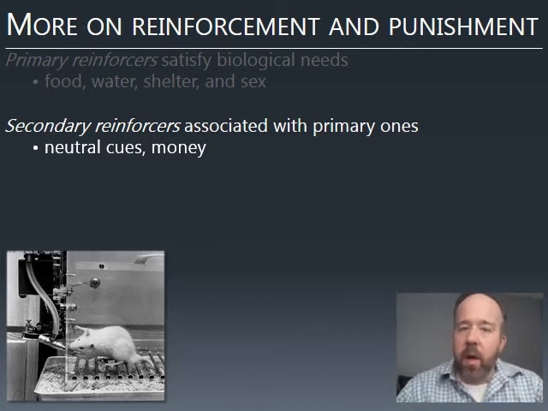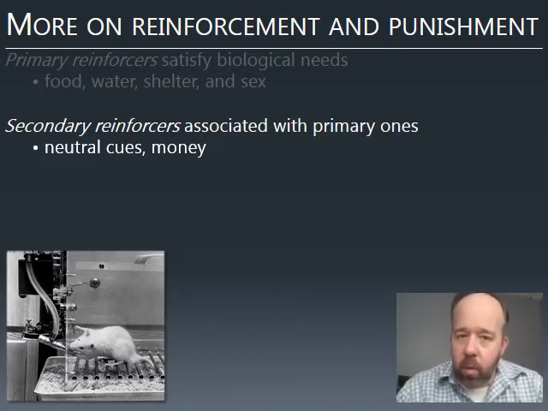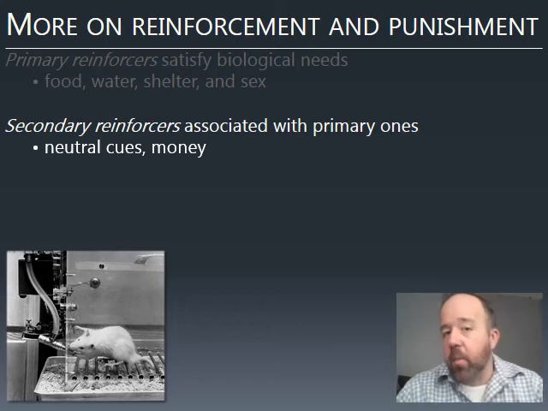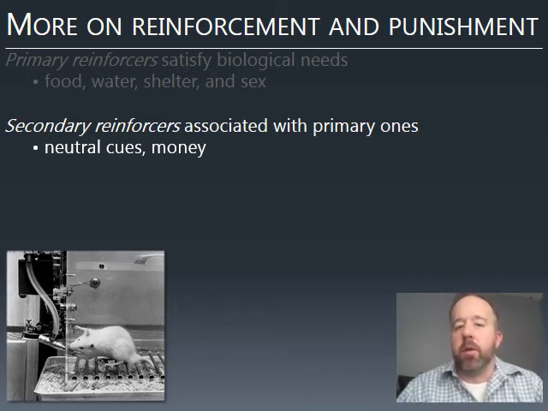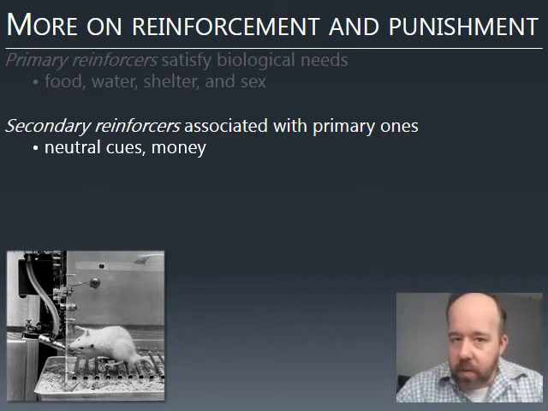But the thing is that the bell became associated with the food, and things that become associated with food or for other primary rewards can themselves become rewarding, can become reinforcers. They're secondary because they are only reinforcers by virtue of their association with a primary reinforcer.